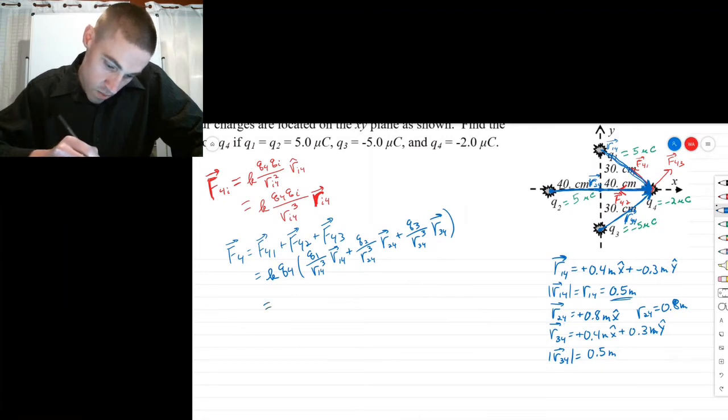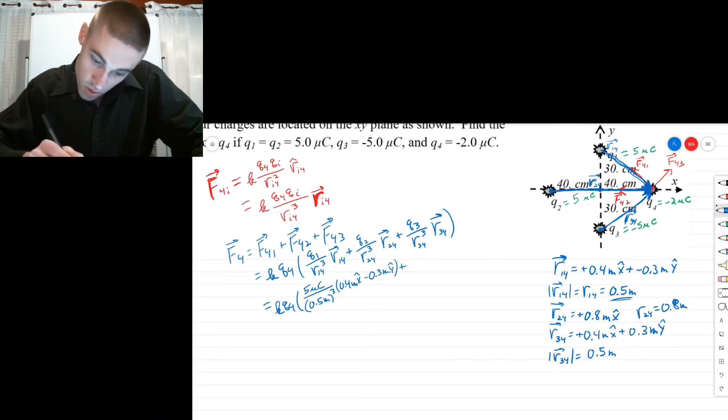So we pulled out a kQ4, and we can put in now, okay, Q1 was 5 microcoulombs, and R14 was 0.5 meters to the third power. R14 was 0.4 meters x hat minus 0.3 meters y hat, plus now Q2 was 5 microcoulombs, and R24 was 0.8 meters.